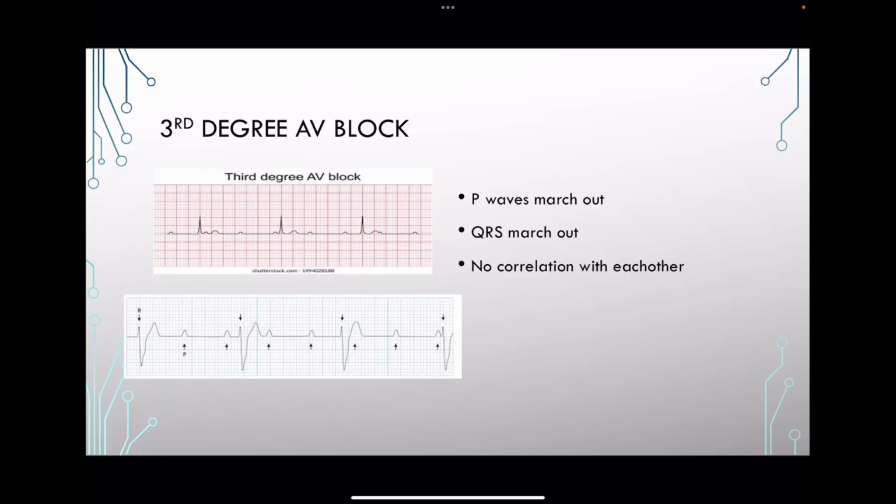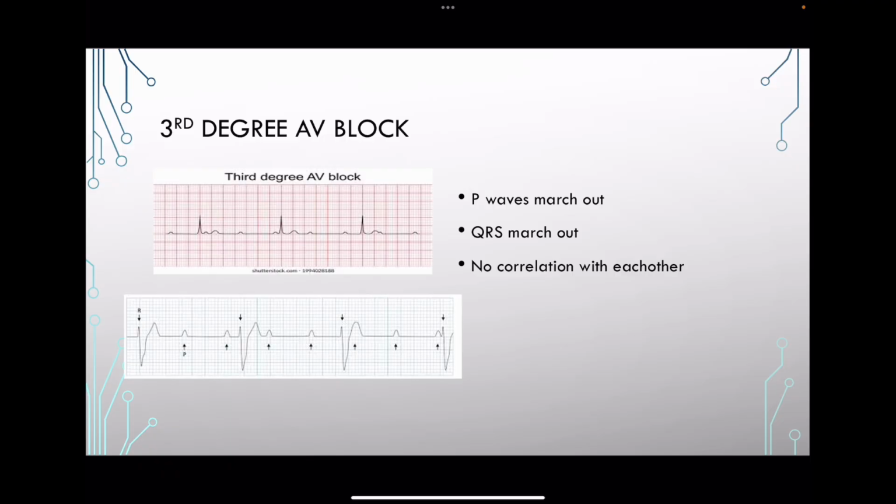Like the professor said, this is a scenario where you would want them to get a pacer, because if your QRSs are firing on their own, it means they're not really responding to the SA node, which is a danger, because that also means that they could just stop firing altogether. If they're not responding to their natural stimulant, then that's a danger.